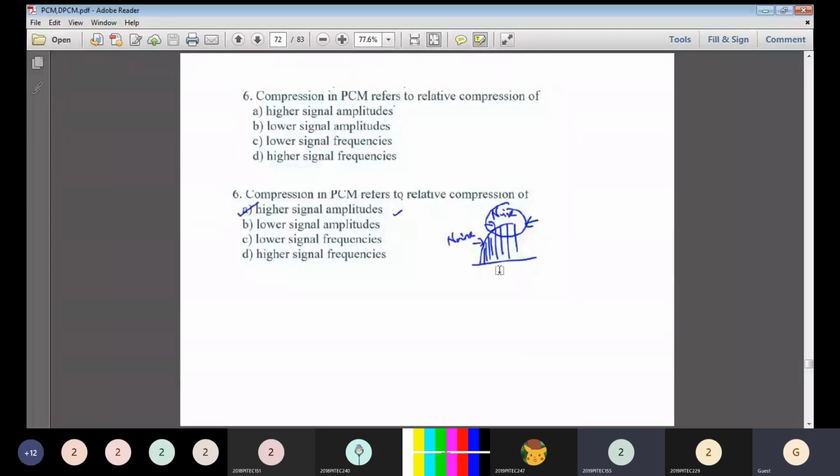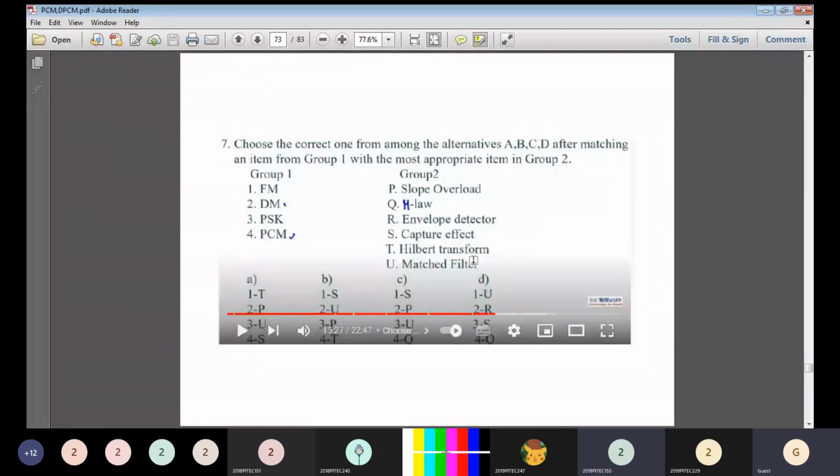It doesn't depend upon the frequencies, it only depends on the amplitudes, right? So simply we can say compression in PCM refers to relative compression of higher signal amplitudes, not lower signal amplitudes, lower signal frequencies or higher signal frequencies.